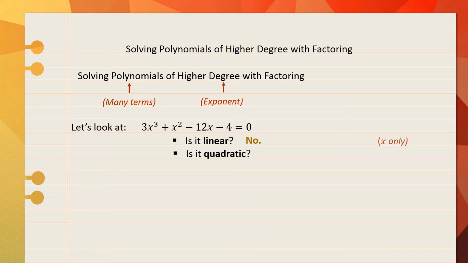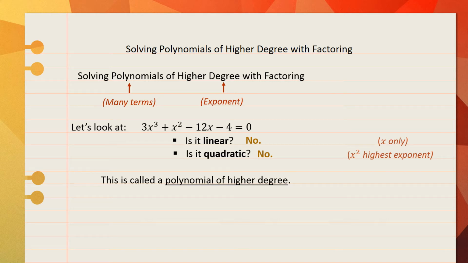Is this quadratic? Again, a reminder, quadratic means x squared is the highest exponent. Is this quadratic? No. So what do we have? Well, this is called a polynomial of higher degree. Notice it had a higher exponent than 2.